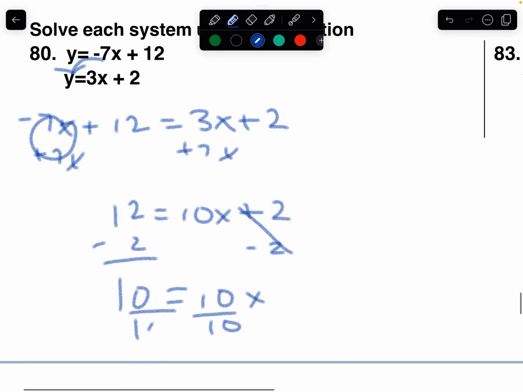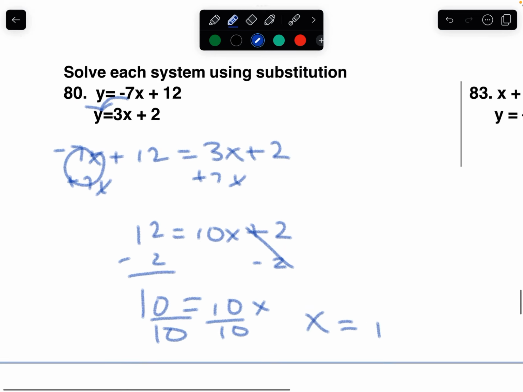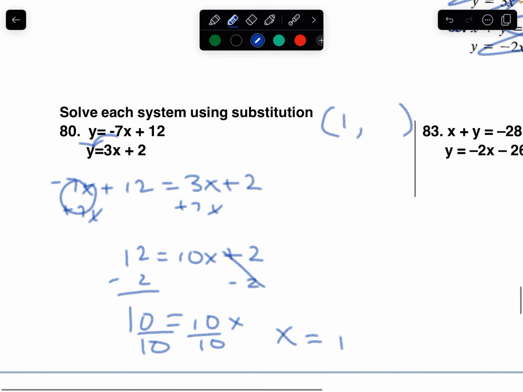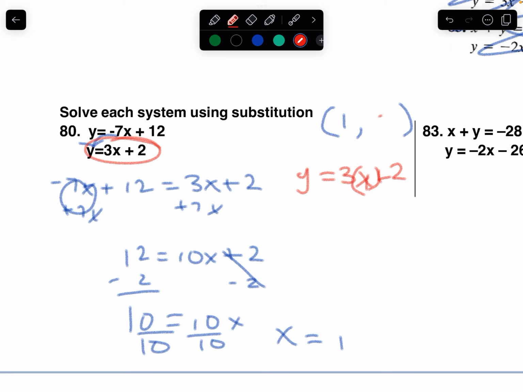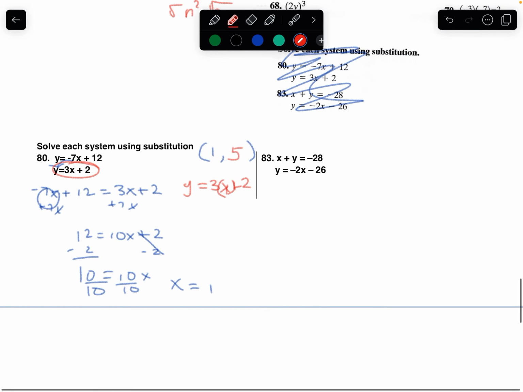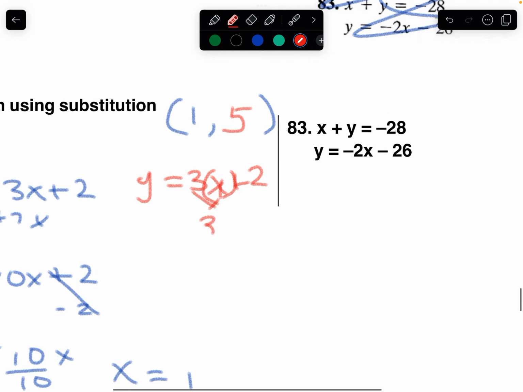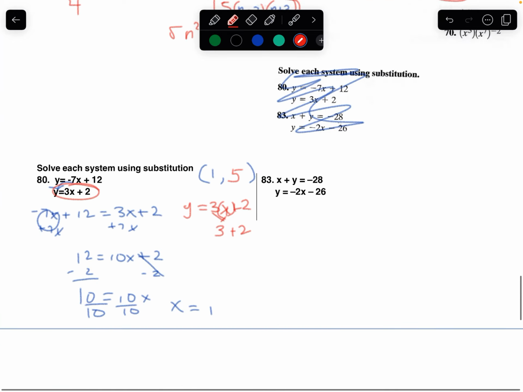Divide by 10. X is 1. So the solution here is 1. And then I'm going to pick all positive. Y equals 3x plus 2. And x is 1. So y is 5, because 3 times 1 is 3 plus 2 is 5.